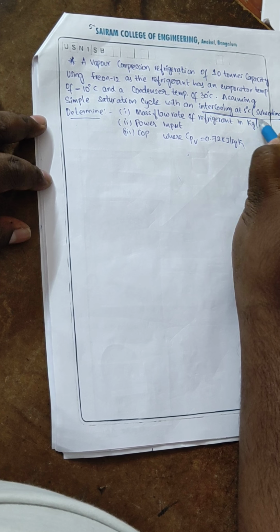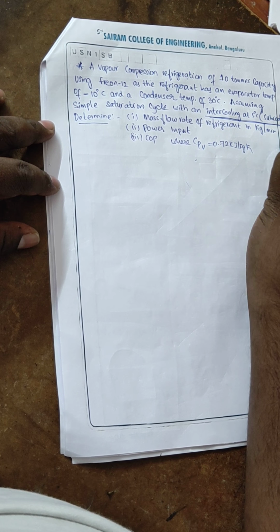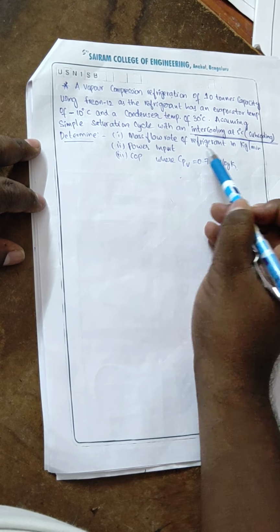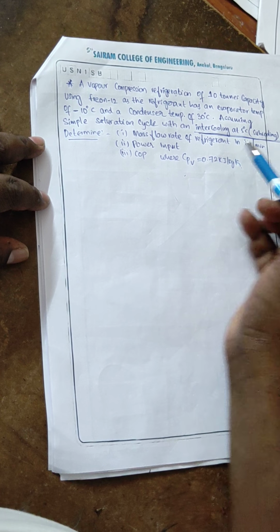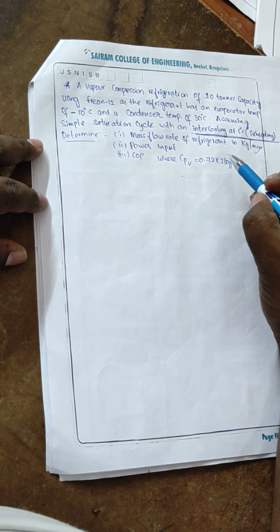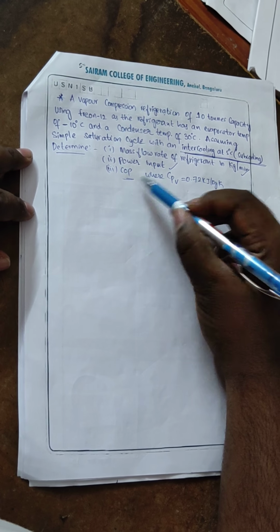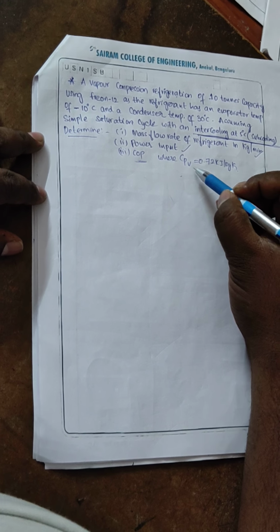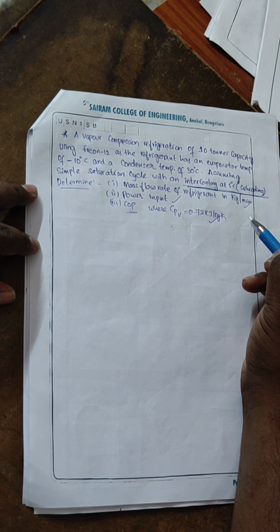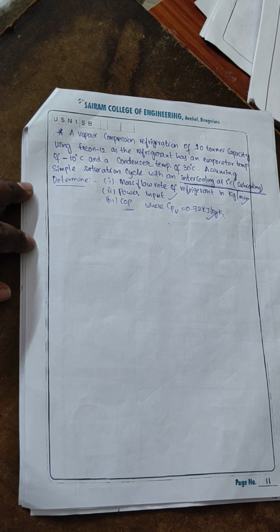Intercooling is also called subcooling. We need to find the mass flow rate of refrigerant in kg per minute, the power input and the coefficient of performance, where Cp of vapor is equal to 0.72 kilojoules per kg Kelvin.